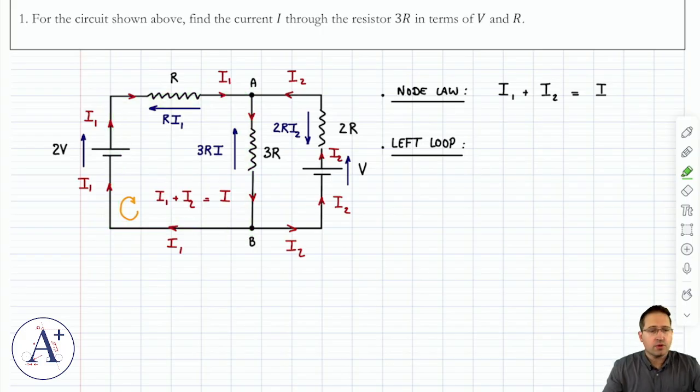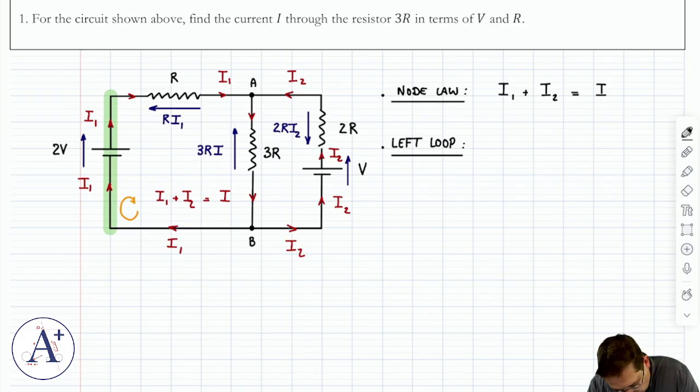As I travel around my loop clockwise, I will encounter these voltage arrows. I will encounter 3 of them in this loop. If the voltage arrow points in the direction that I'm traveling, that voltage is positive. If the voltage arrow points opposite the direction I'm traveling, it counts negative. So if I start like this, here I travel in the same direction as 2V, so 2V counts positive.